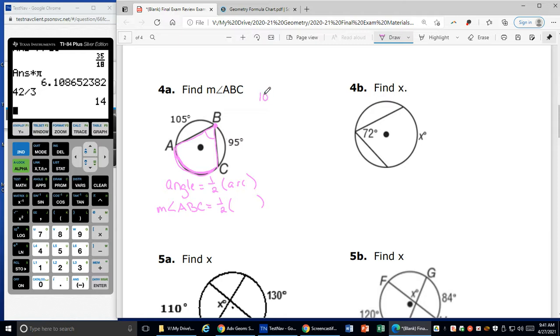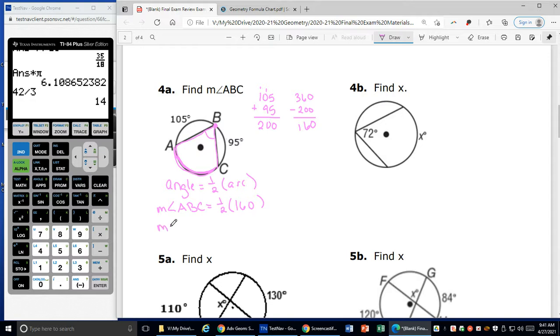So I'm going to add together the 105 plus the 95. And when I do that, that's 200. So 200 is how many degrees I've used that I'm not interested in out of 360. So 360 minus 200 is 160. So this arc right here is 160.